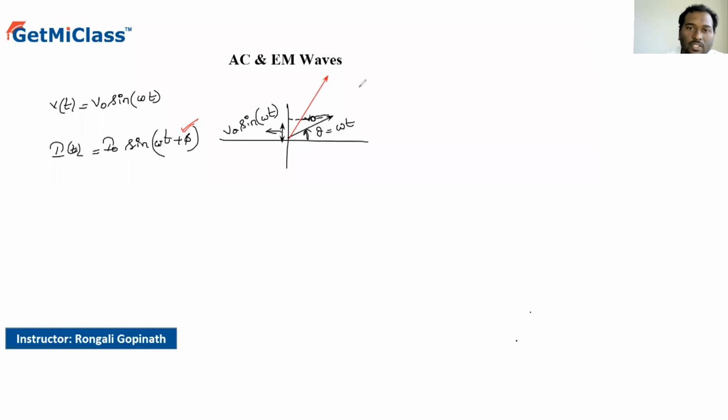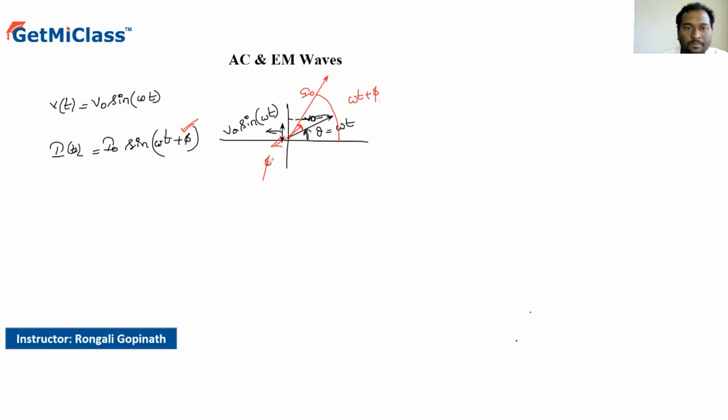The length of the phasor is I naught, and this angle is omega t plus phi. So the phase difference between voltage and current is phi, right? We represent voltage and current as phasors for better understanding of these AC circuits.